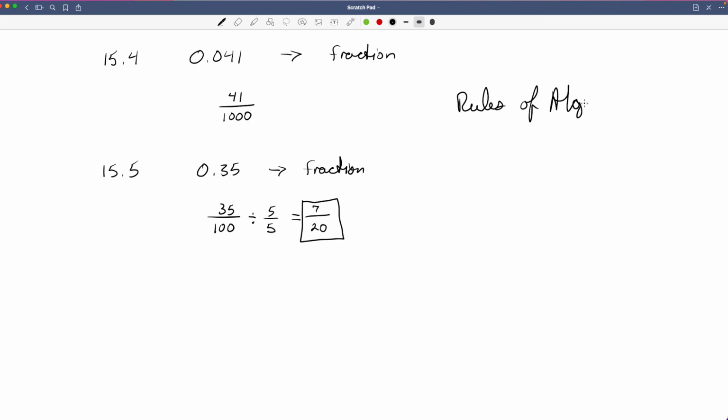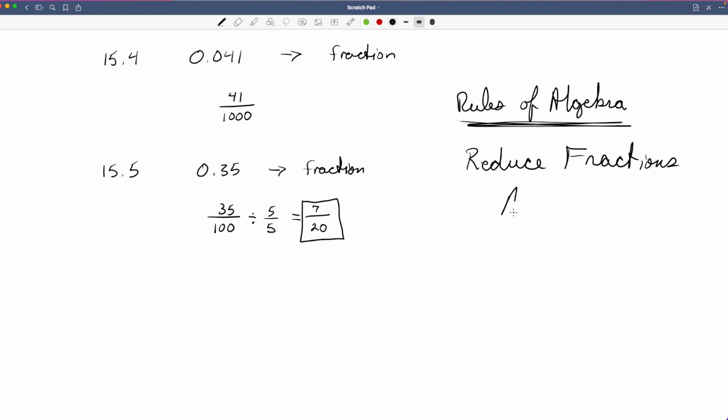I'm going to write this up here, and I want you to put this in your notebook. This is a major rule of algebra. Reduce fractions, that doesn't look like an R, does it? Reduce fractions always.